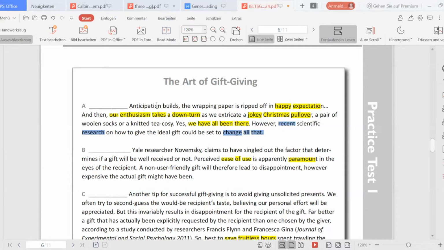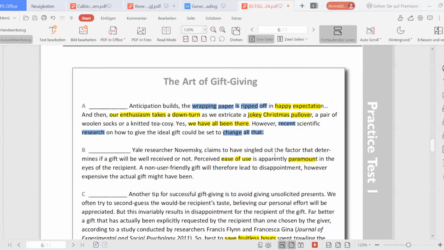So you read the first sentence: anticipation builds. The wrapping paper is ripped off in happy expectation. And then our enthusiasm takes a downturn as we extricate a jokey Christmas pullover. Yes, we all have been there. So you see how all three sentences are sort of describing a familiar experience, something that we experience in our everyday life.